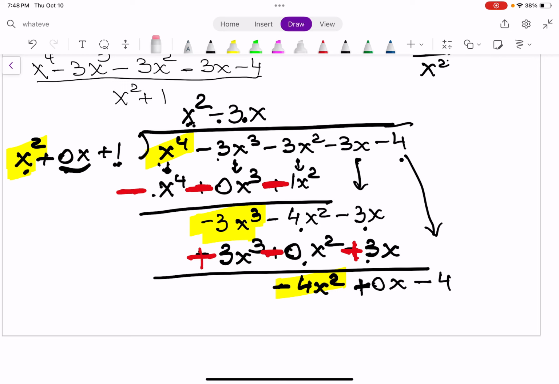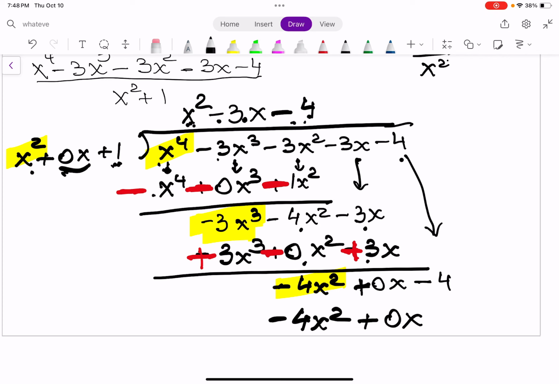Okay, so x squared goes into negative 4x squared. We just need the negative 4 factor. So negative 4 times x squared is negative 4x squared. Negative 4 times 0x, that's 0x's.